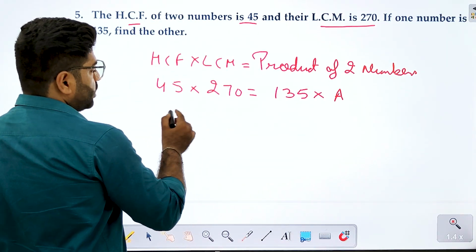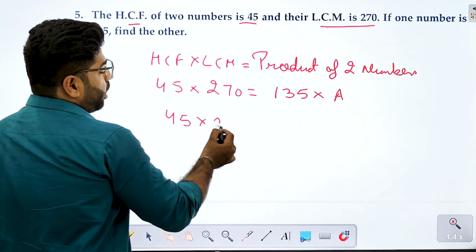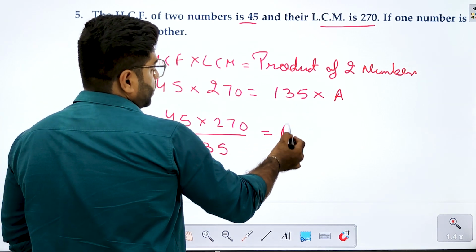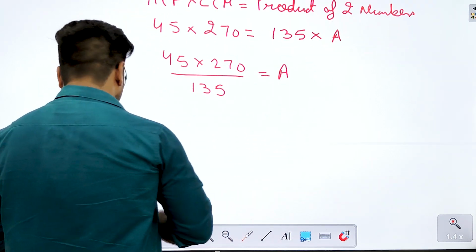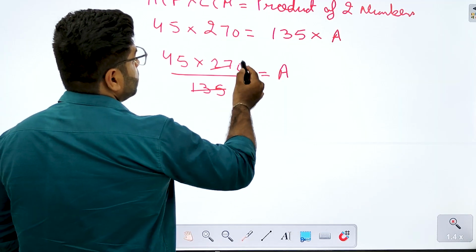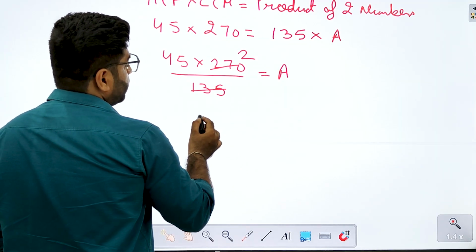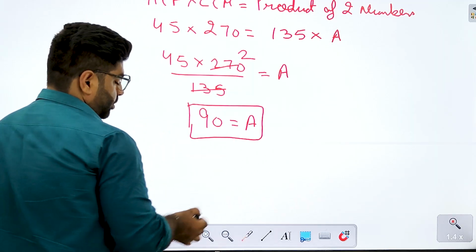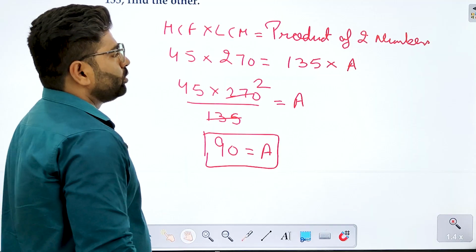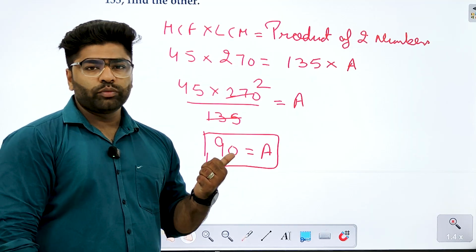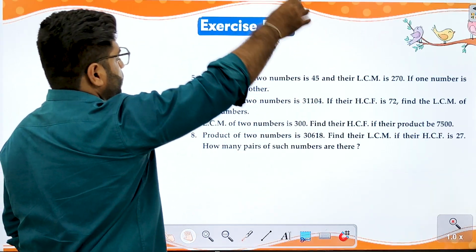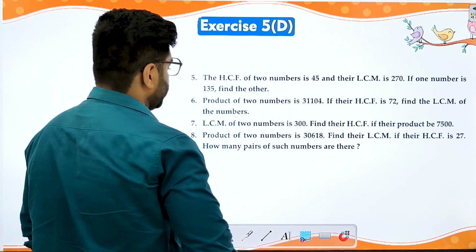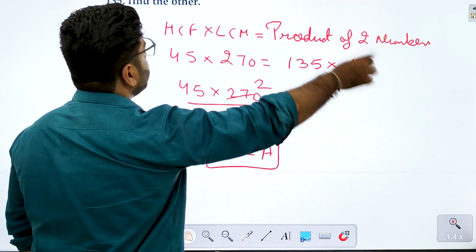So we solve this: 45 into 270 divided by 135 equals the second number. 135 2s are 270, and 45 into 2 becomes 90. So 90 is our second number. Clear? So we can use this formula in this way also, according to the requirement of the question. These are the same type of questions which you have to solve.